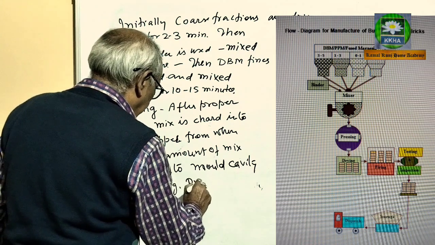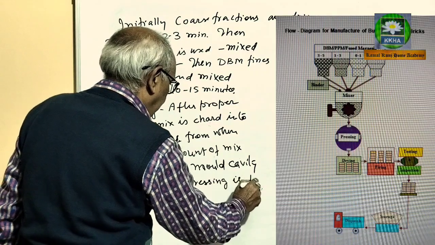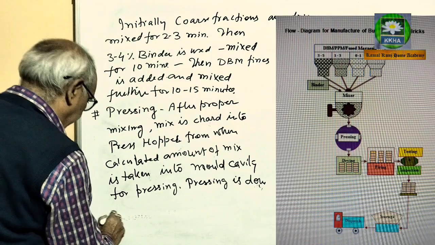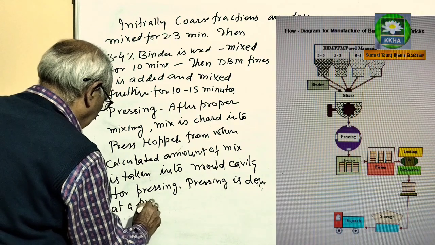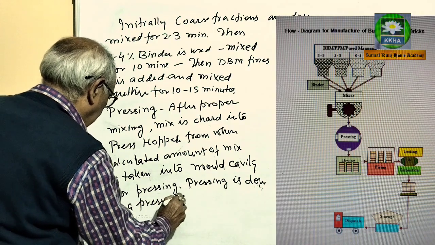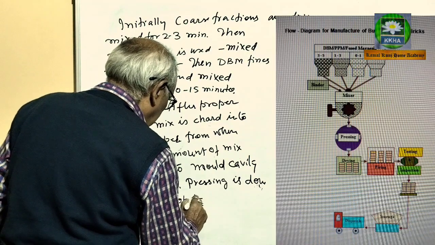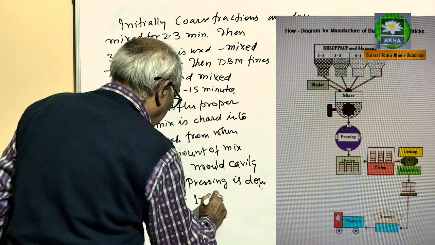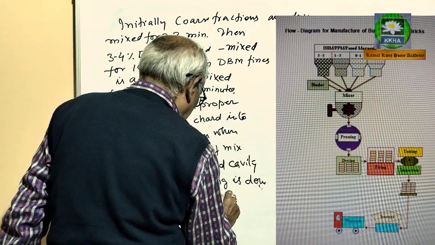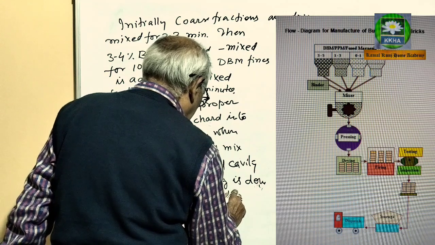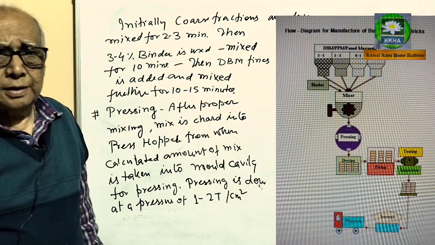Pressing is done at a pressure of 1 to 2 ton per centimeter square, depending on the size of the bricks.